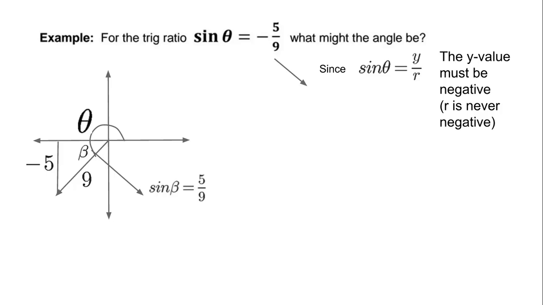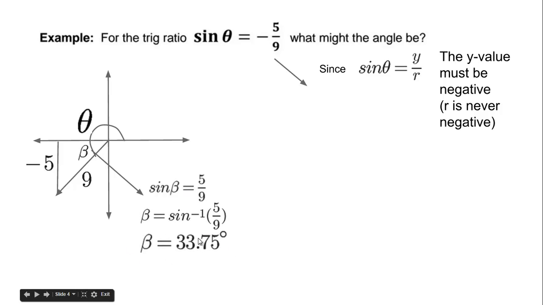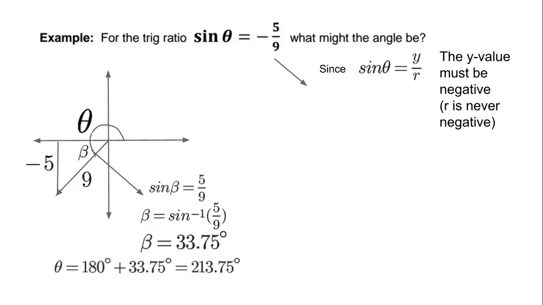And in fact, if you leave the negative sign in there, when you do the sine inverse, you're not going to get an acute angle, which is what we want. It'll give you different things, but the best strategy is to first find the acute angle. And so our angle there is 213.75.